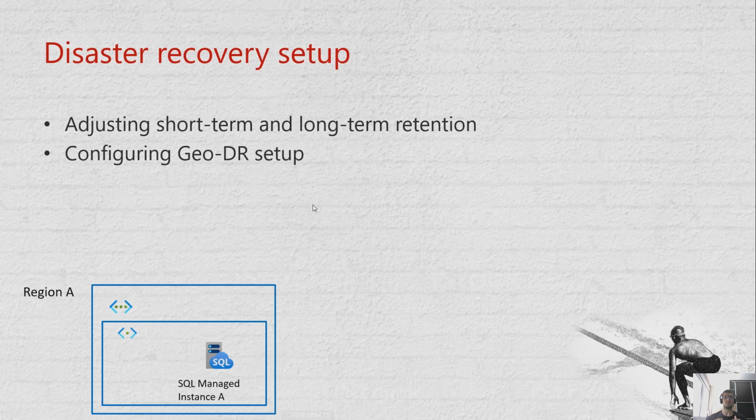And if you want to protect from regional disasters, you can leverage the benefit of a GeoDR setup, which means that you deploy a secondary instance in another region that is connected to the primary instance in region A. We saw during instance creation how you can specify that the instance you're creating is going to be the secondary.